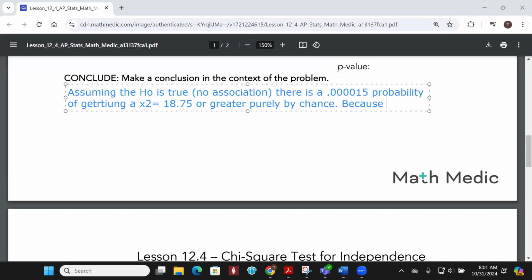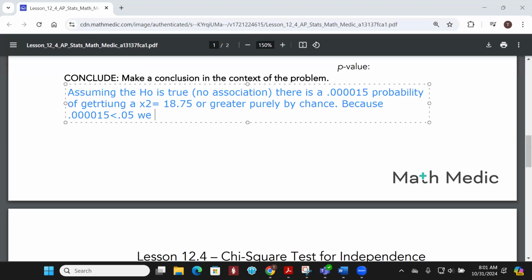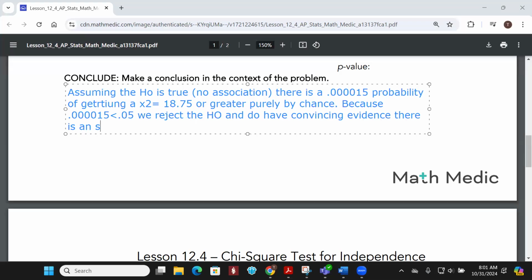And because 0.00015 is less than 0.05, we reject the null and do have convincing evidence. There is an association between Taco Tongue and Evil Eyebrow for all seniors.